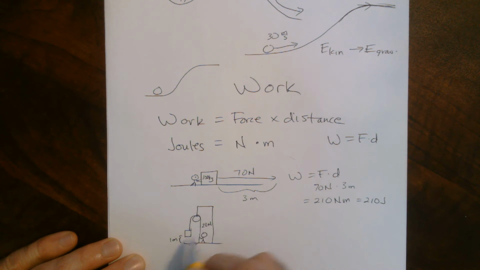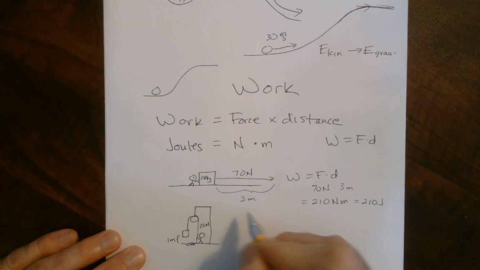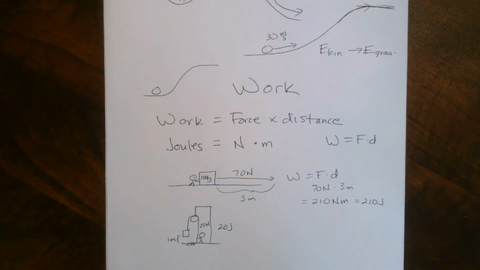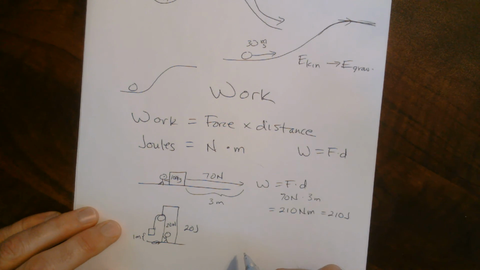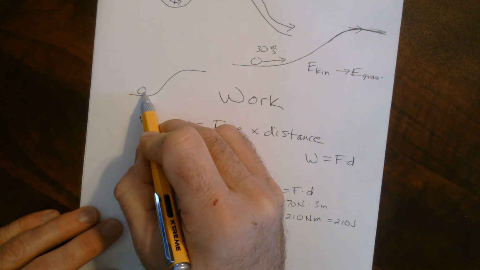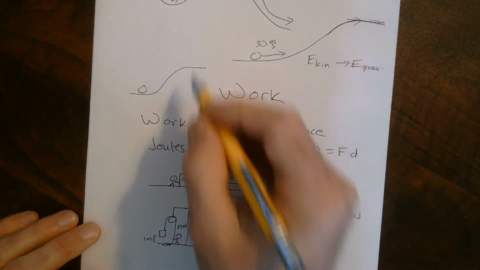All right, 20 newtons for a distance of 1, and this pulley just redirects it. It doesn't give me any mechanical advantage. 20 newtons times 1 meter would be 20 newton meters, or 20 joules of energy. Another situation: we sort of covered it already. If I had a ball at the bottom of a hill and I wanted to get it to the top, I would apply a force to get it up the hill.